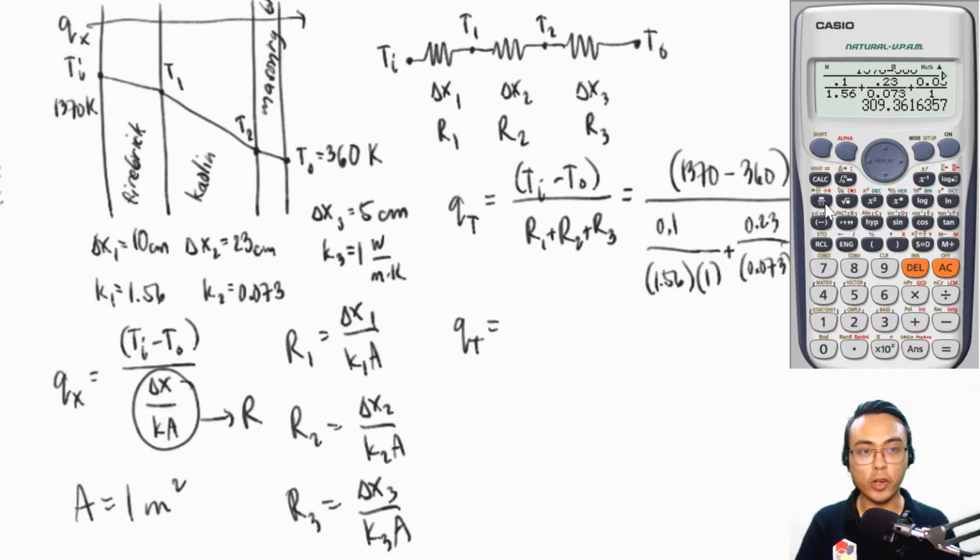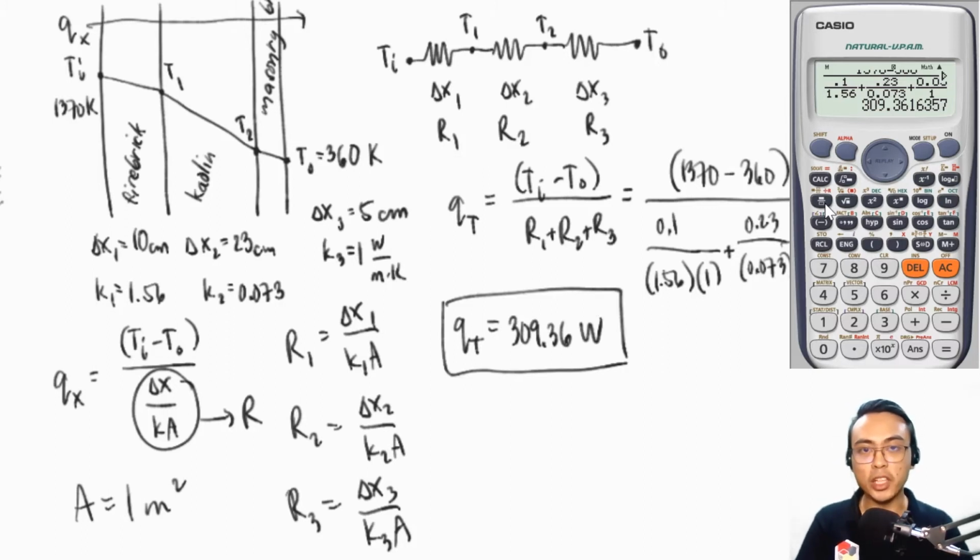So our overall rate of heat transfer is 309.36 watts. Remember that our unit for the rate of heat transfer is watts or joules per second. Okay, so what's next? We now have the value of the overall rate of heat transfer. We can now use this in the individual resistances to determine the junction temperatures.